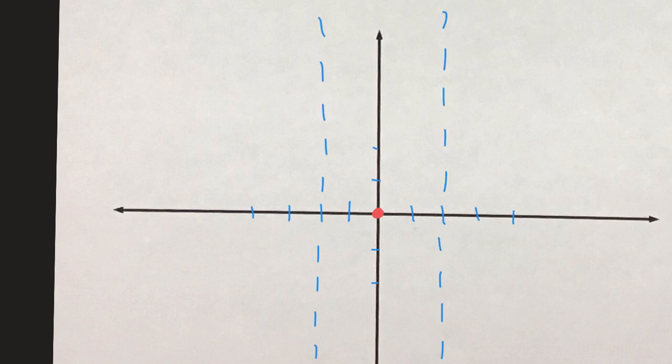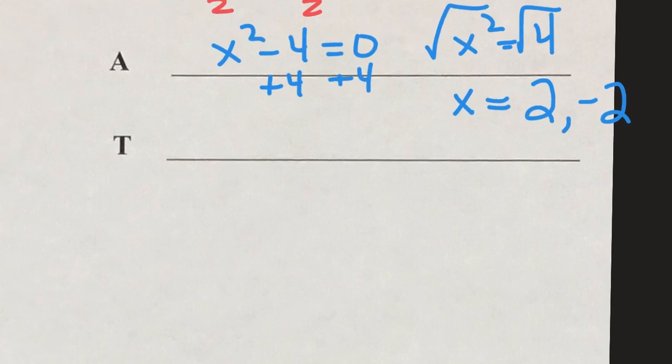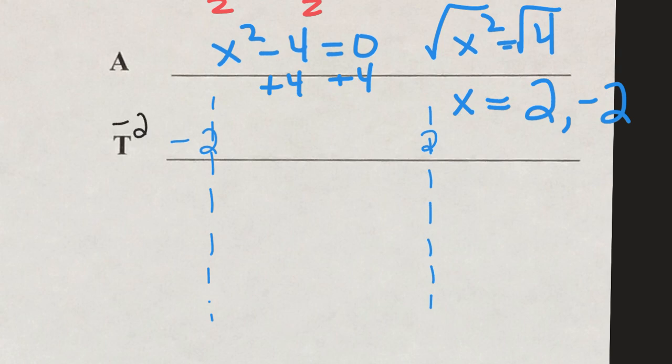Just like that. So now we need to make our table, and we're going to make our table with 2 separate values. So we have negative 2 and we have positive 2. So we have 4 calculations to make. What's going on to the left at negative 2.1 and then negative 1.9. And then on the right side, what's going on at positive 1.9 and positive 2.1. So we're going to plug all 4 of these into our equations and see whether we get positives or negatives.